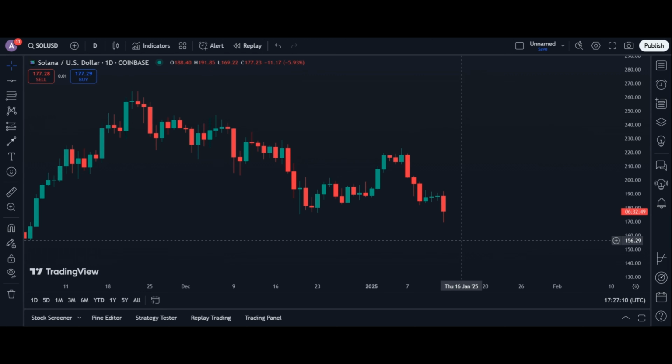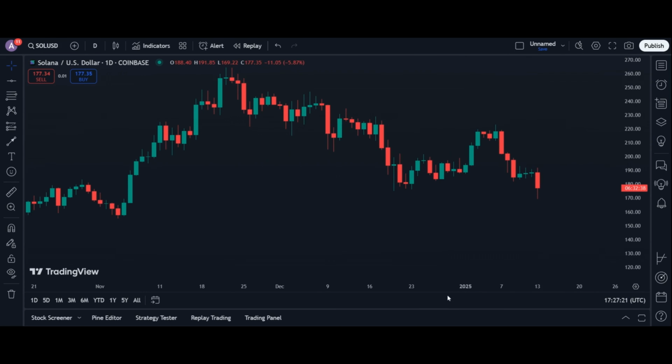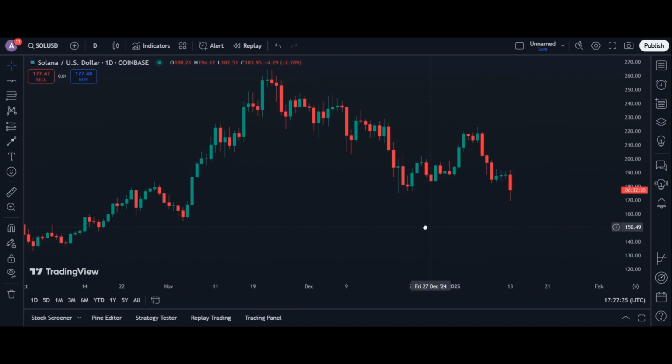And also, the second part of analyzing Solana is drawing supply and demand zones. And as we can see, let me zoom this out.